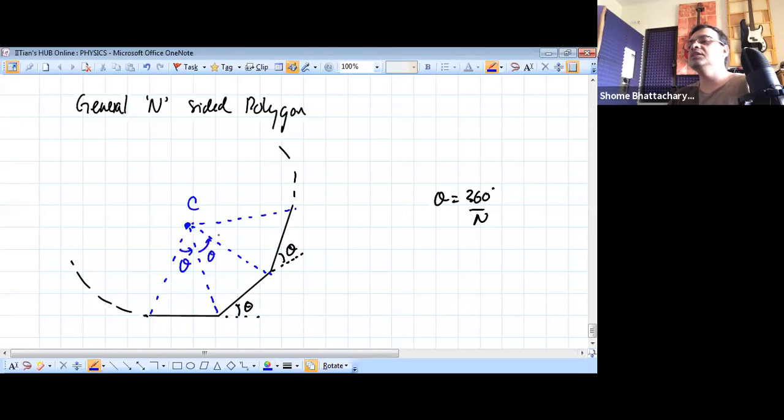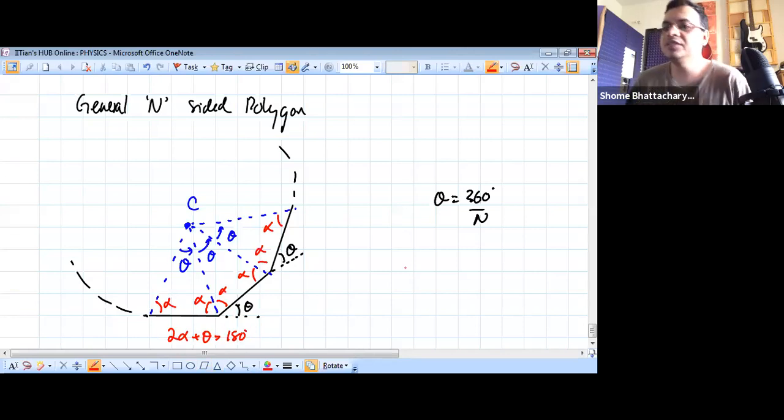There will be that same theta as those exterior angles. And the reason for that is because of this geometry. These are alpha each. The relationship between alpha and theta is, as you can see, whether you look at the triangle or you look at this whole thing, it's a straight line. So 2 alpha plus theta has to be 180 degrees.